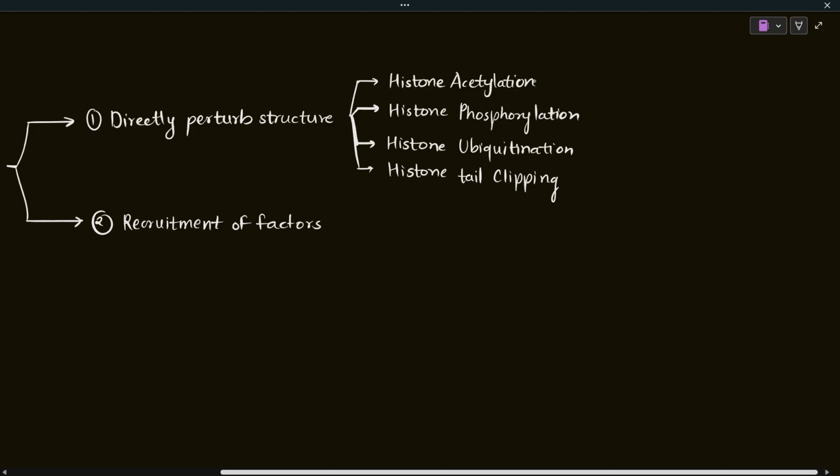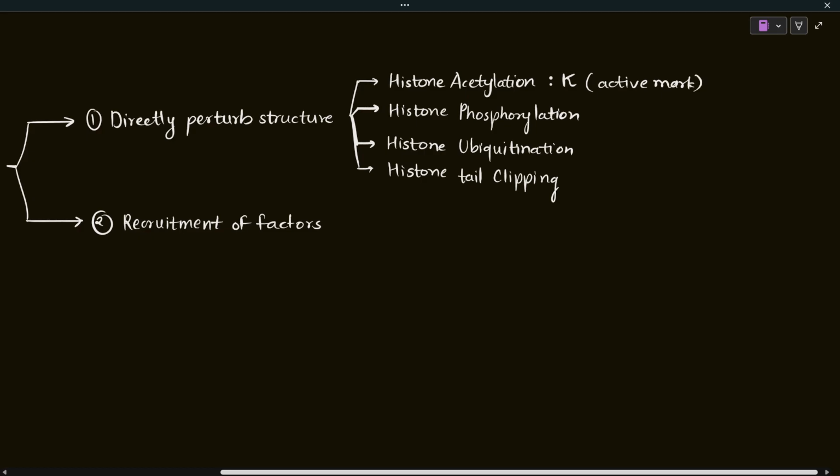So this directly changes the interaction between histone and DNA, and this loosens up the chromatin and makes the DNA more accessible, and that is why histone acetylation is a universal active mark. So it leads to the activation of genes, and this is how acetylation directly perturbs the structure. Acetylation is done on lysine residue, it is an active mark, and it neutralizes the positive charge of histone.